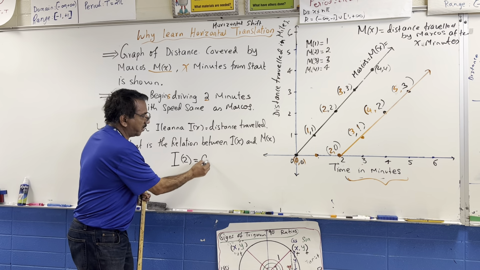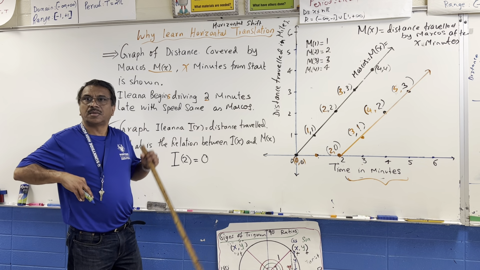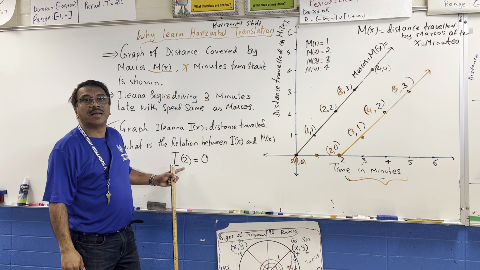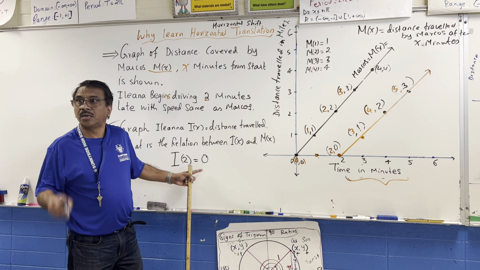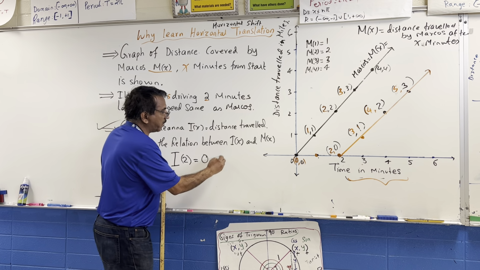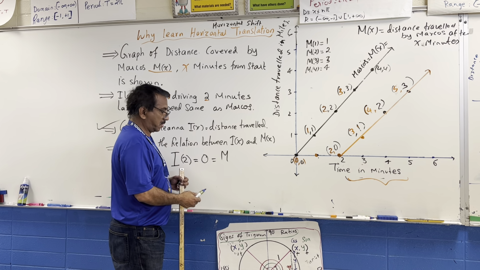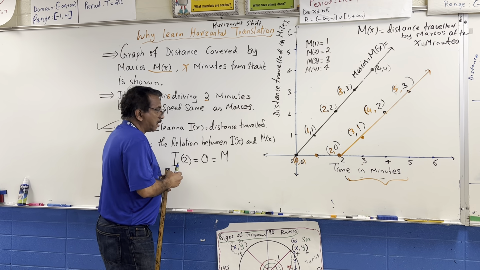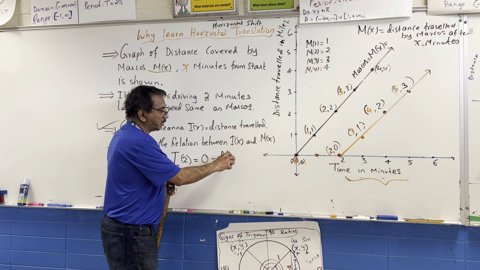So this is 0, agree? Do you see how it is? So the distance of ELianna is 0 at 2. And this was the same as Marcus's distance.